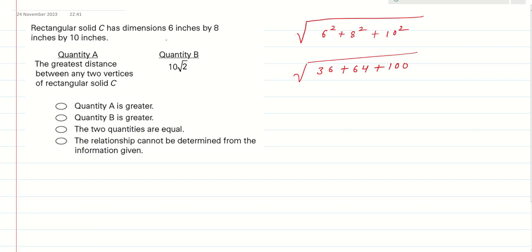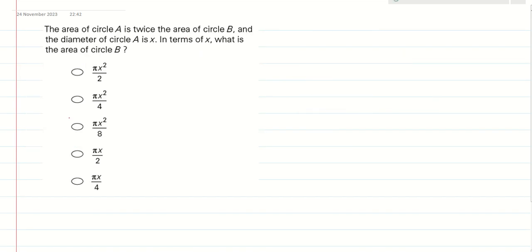This is not a triangle. We can do it. So how much altogether will we have? 200, which means 10 root 2. Good. Option is C.